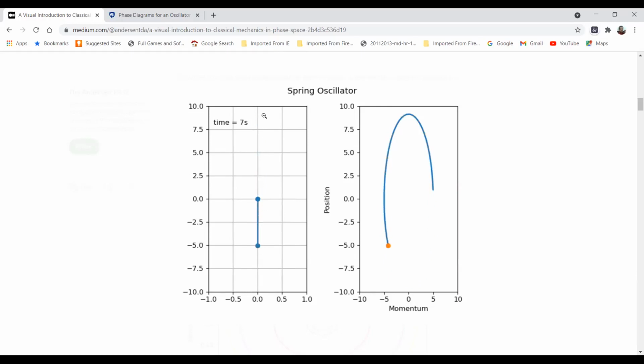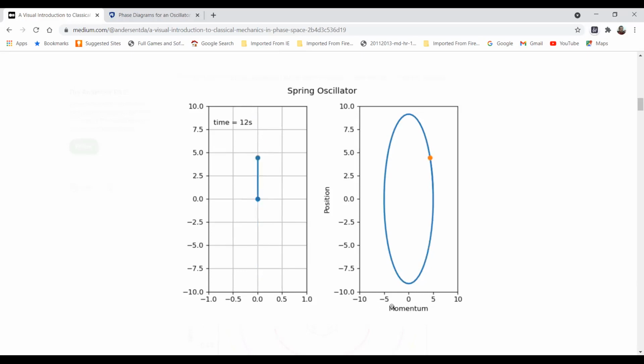Then momentum increases like this. Okay, so that can be represented in phase space by means of this diagram. It is giving you the momentum axis.